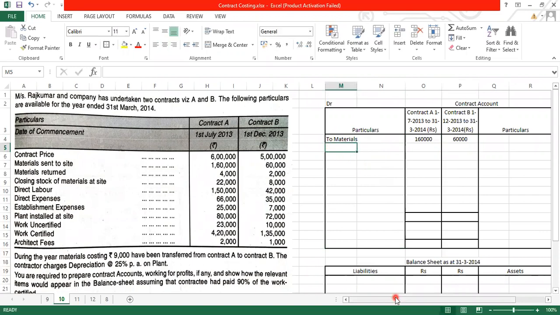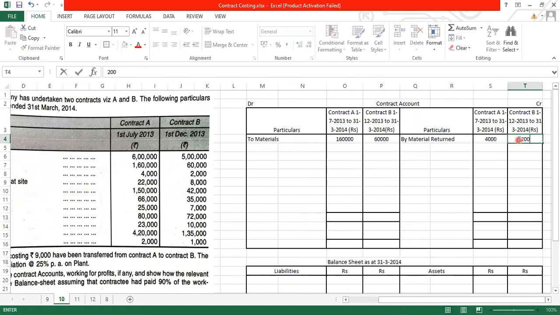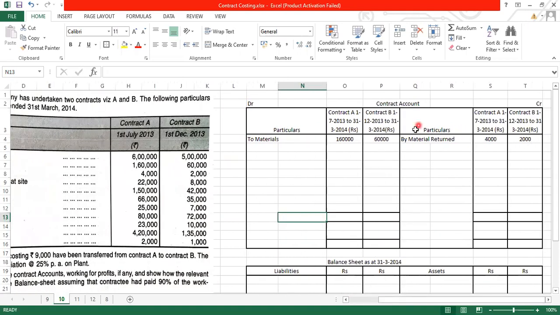So it will be recorded in the contract account credit side by 4,000 and 2,000. Closing stock of material at site. So this will be written under the head WIP.